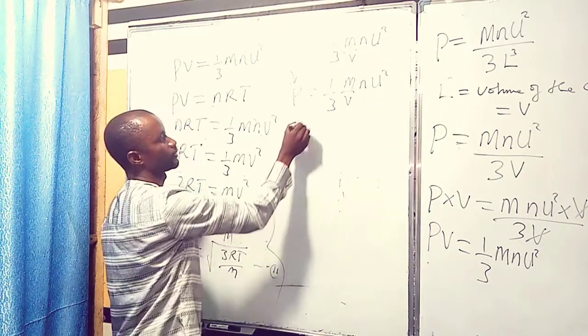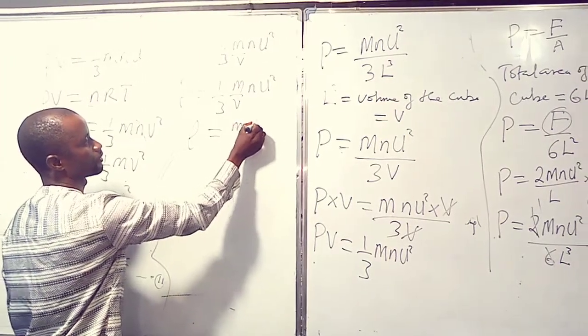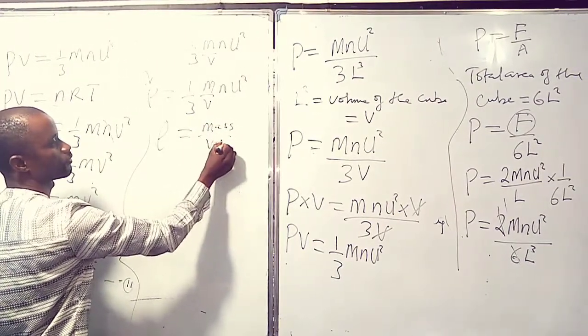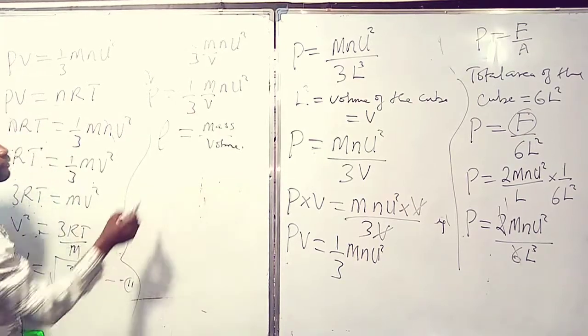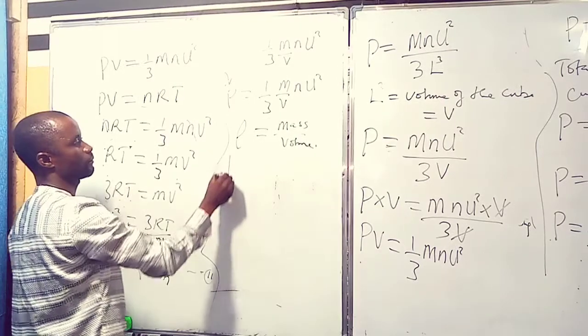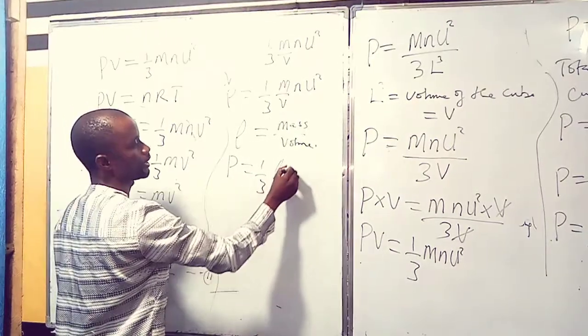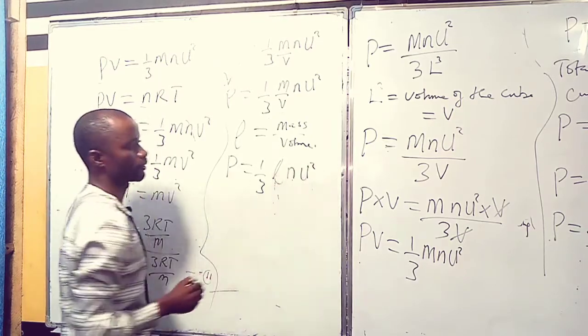Recall that density is equal to mass over what? Over volume. Therefore, remove this value here and put density there. That we have P is equal to 1 over 3 rho n u square.